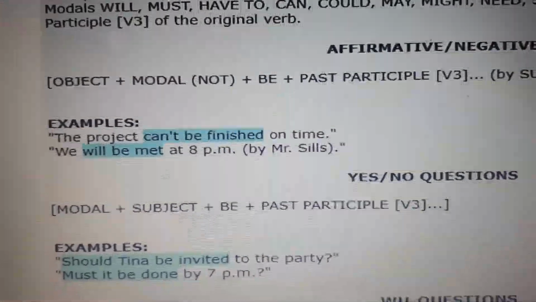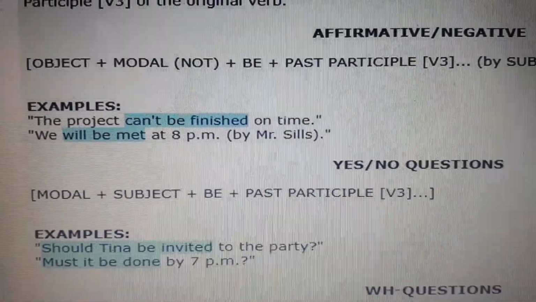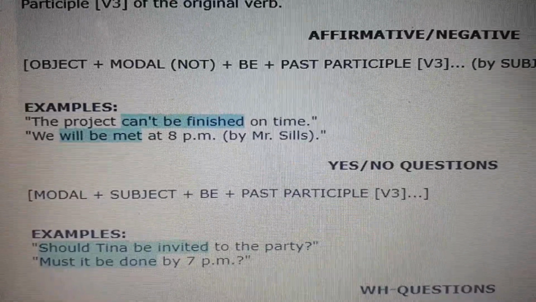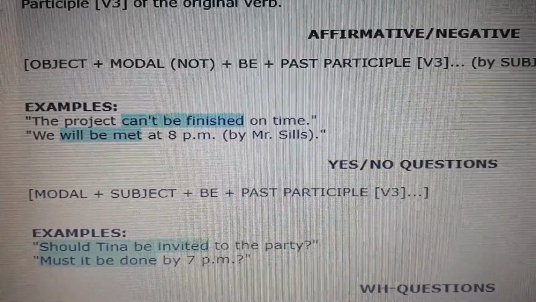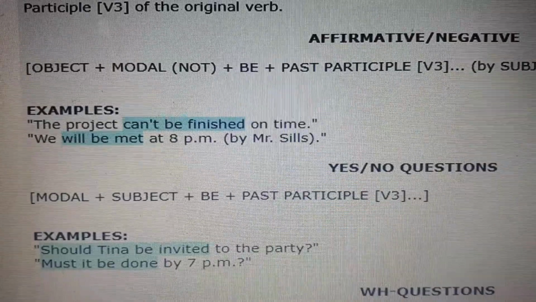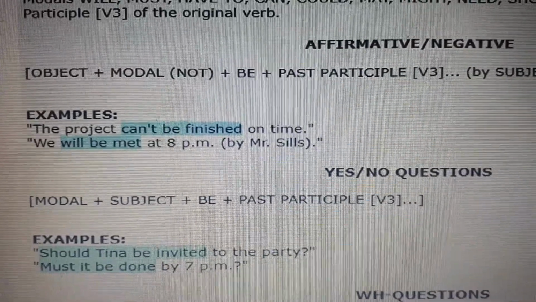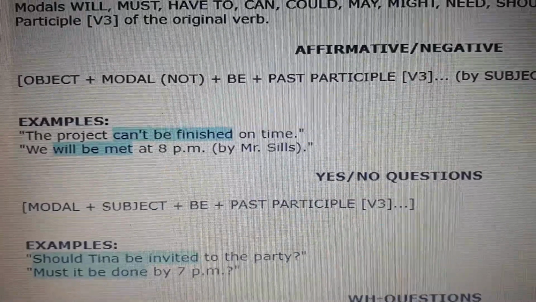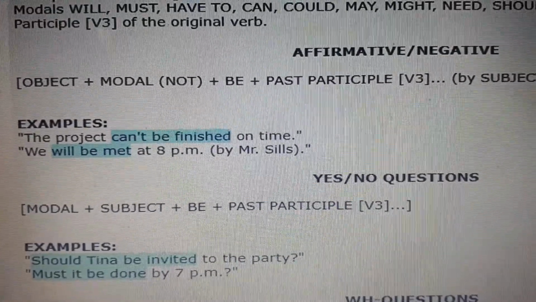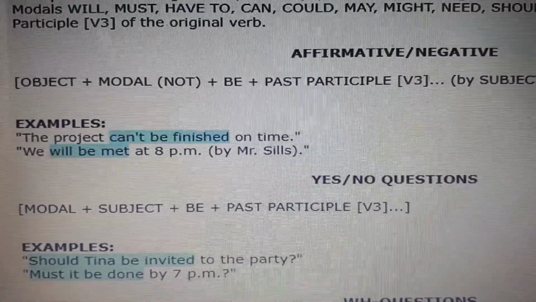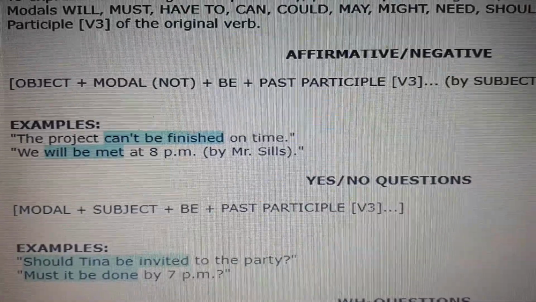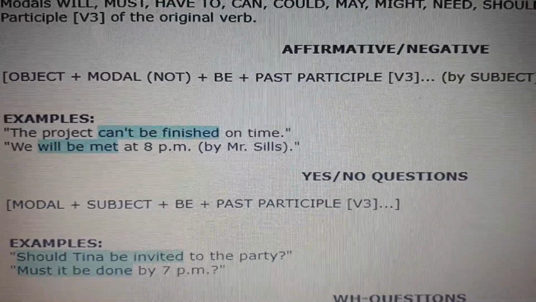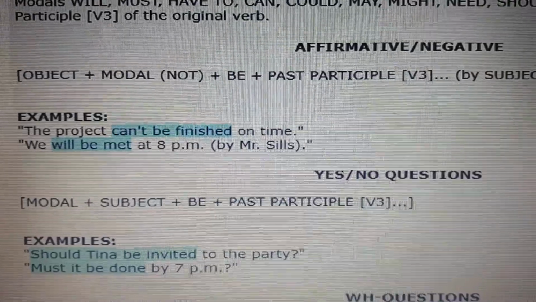Okay, and here we have some examples. The project can be finished on time. Okay, can is a modal. Well, the project is the object. Can is the modal auxiliary. Be, okay, the verb to be, and then the action in past participle, finished on time, okay.